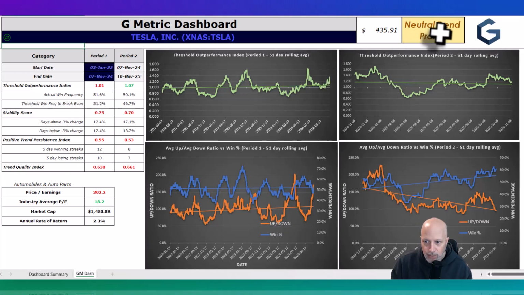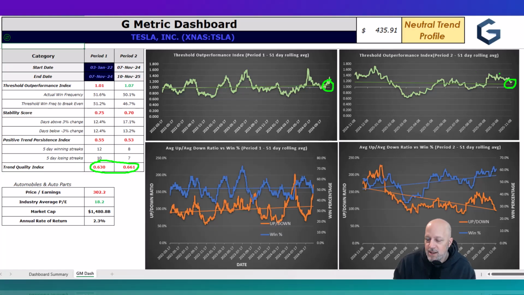So a neutral trend profile, it's basically, let me get my pen back again. It's basically looking at these two numbers right here. So it's the size of the trend quality index for period 2, and then it's the improvement or, I don't know, worsening compared to period 1.